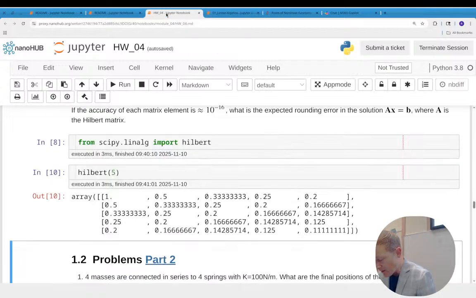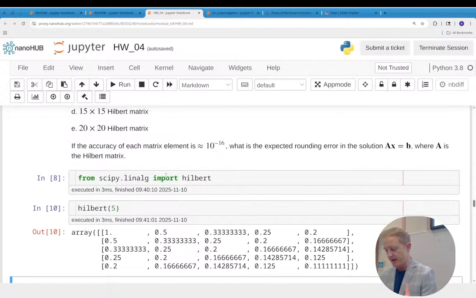So in the homework, when we're talking about what is the expected error, what is the accuracy, do you know where this 10 to the negative 16 came from? Why that number? Why not 10 to the negative 64 bits? Do you know where this number is, or how to find it if you're on a new computer?